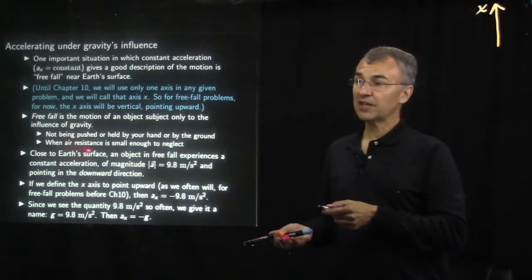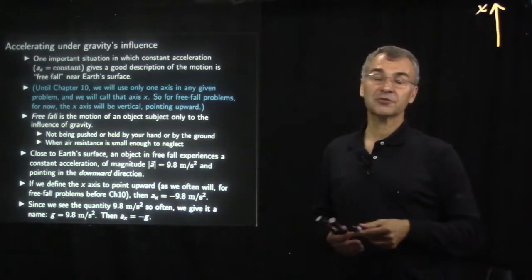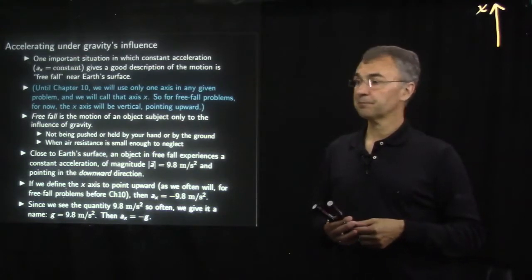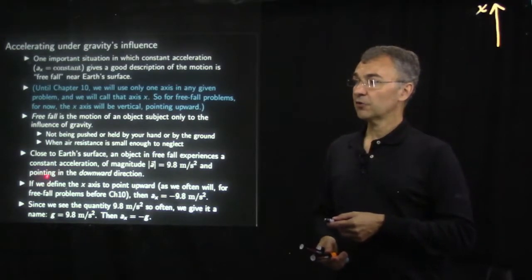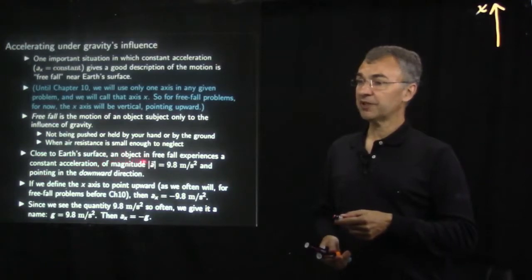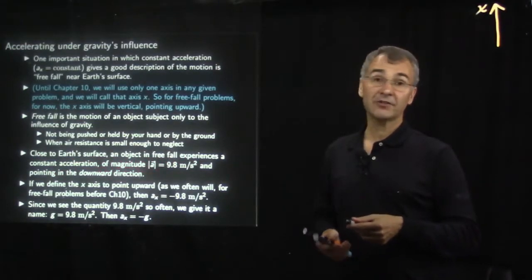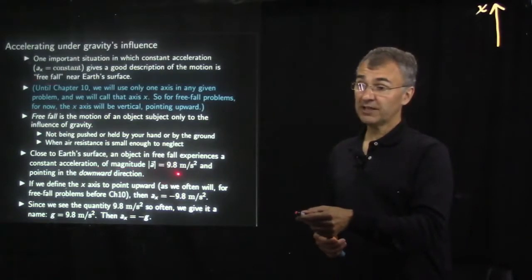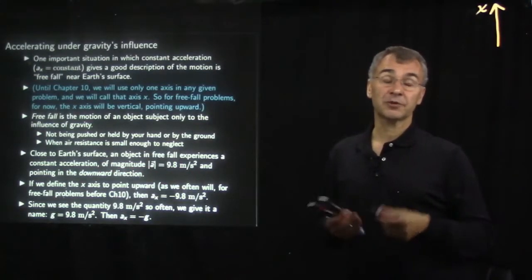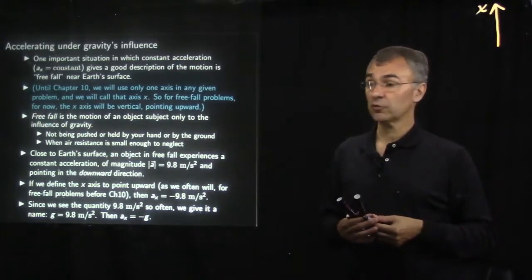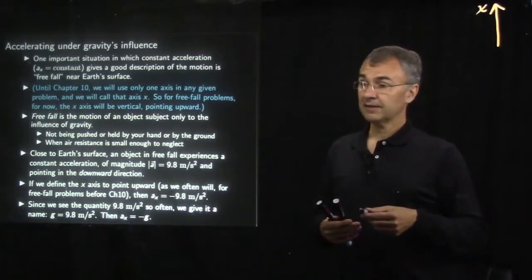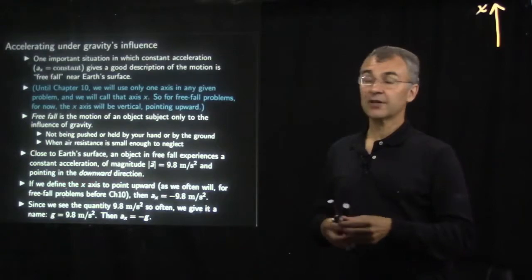And it also means the air resistance is small enough to neglect. So close to Earth's surface, an object in free fall experiences a constant acceleration whose magnitude is 9.8 meters per second squared, and points in the downward direction.